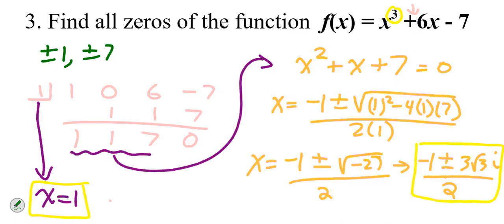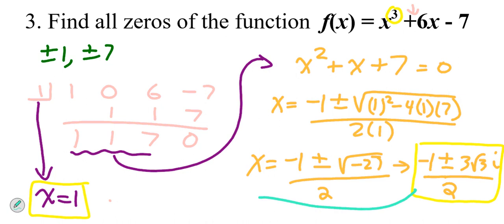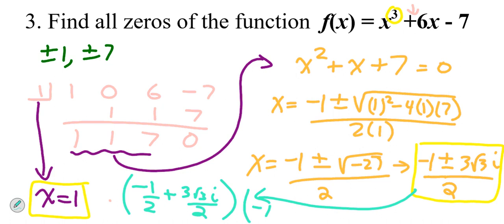Here, this is harder to see because it's not in complex number form, but if we were to rewrite this, it would be negative 1 over 2 plus 3 root 3i over 2. And that would be one of our zeros. And our other zero would be negative 1 over 2 minus 3 root 3i over 2.